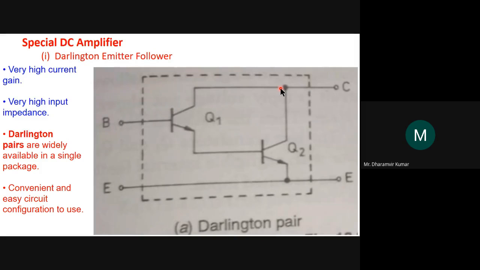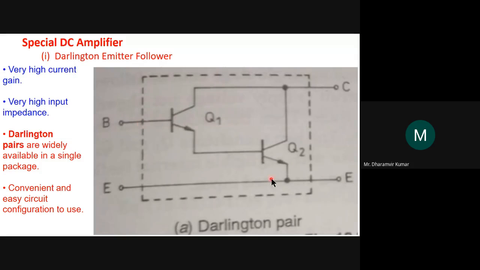The characteristic of this Darlington emitter follower, or Darlington pair, is that it has a very high current gain. We will take the output across the emitter terminal of Q2. From here the output terminal will be taken out, and the current in this branch will be the emitter current of Q2. We know that the emitter current is very high compared to the base current, and this base current is actually coming from the emitter current of Q1, which itself is very high compared to its base current.